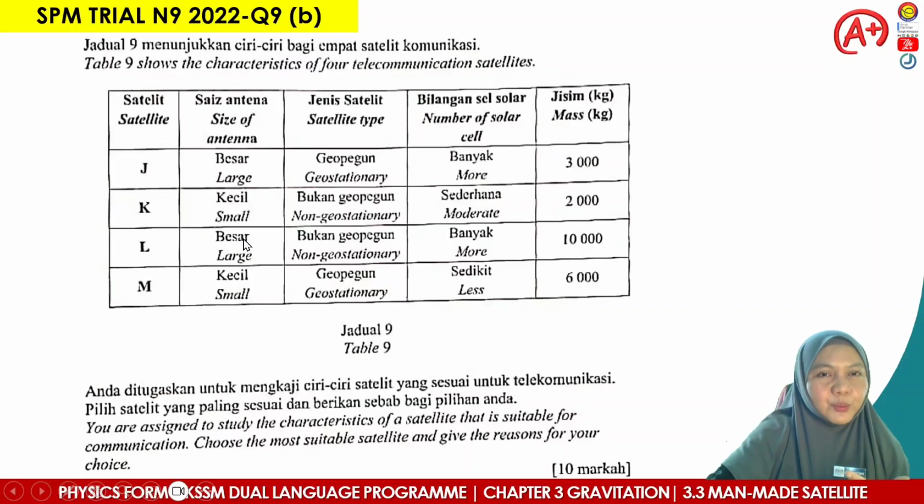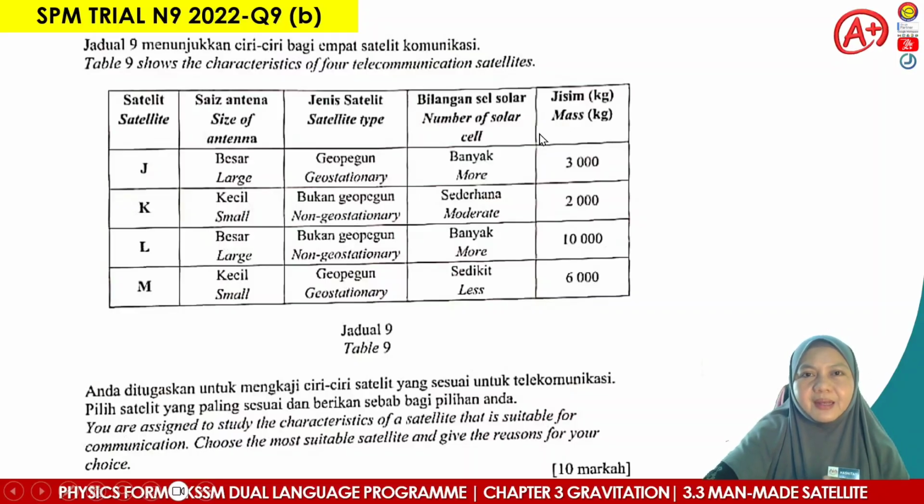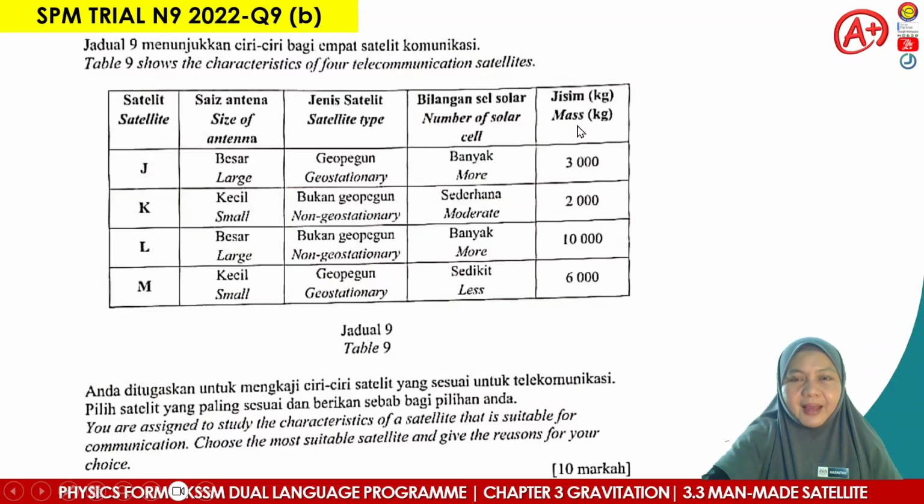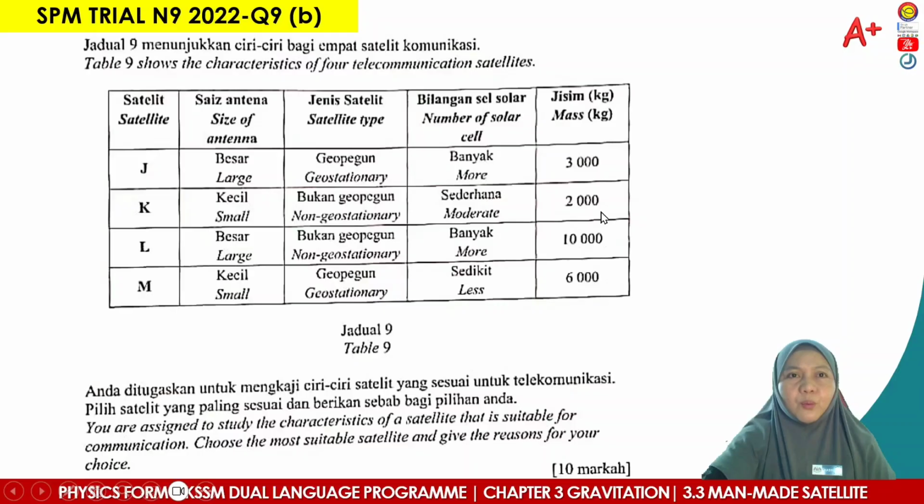The type of satellite, geostationary or non-geostationary. The number of solar cells, better to be more, moderate, or less. And the mass, better to be high or low. So what is your task? To choose the most suitable satellite and to justify your choice.